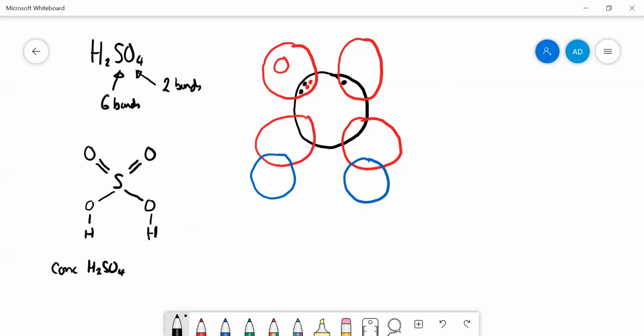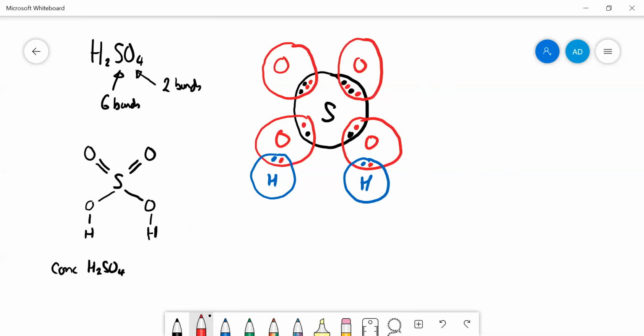Same with this one here. These are single bonds, so you get 1 electron from the oxygen and 1 electron from the sulfur. And these are single bonds to the hydrogen, so you get 1 electron from the hydrogen and 1 electron from the oxygen.